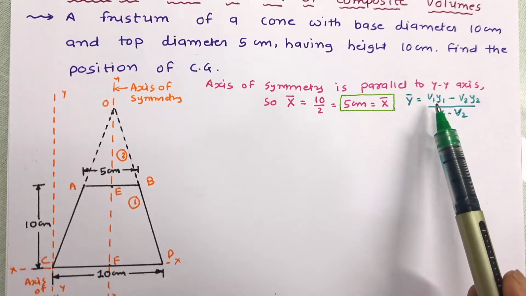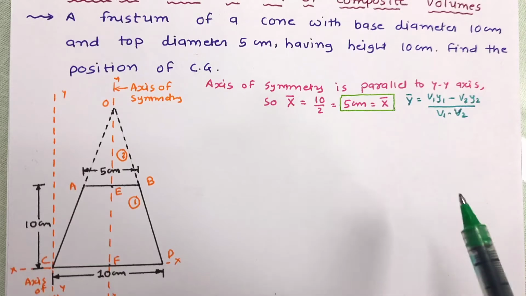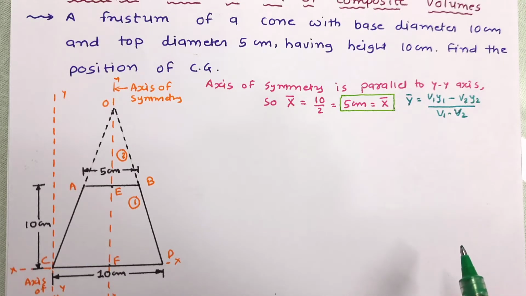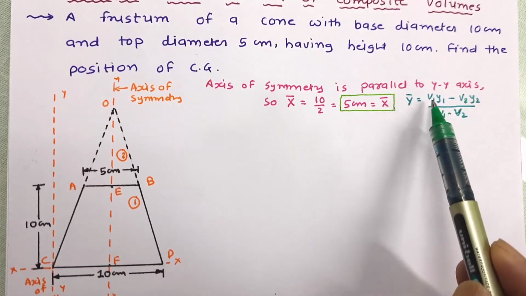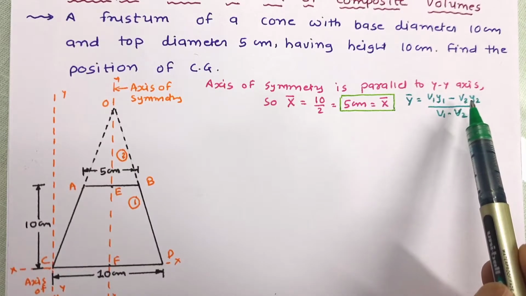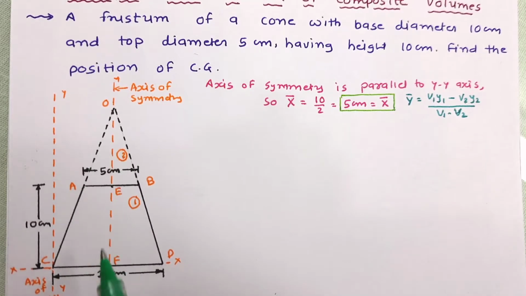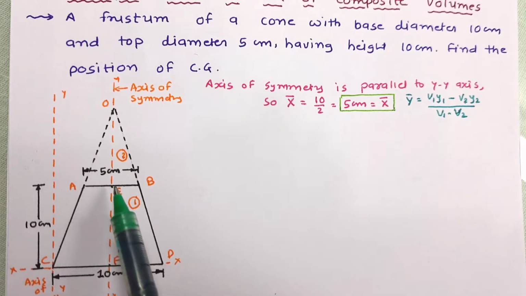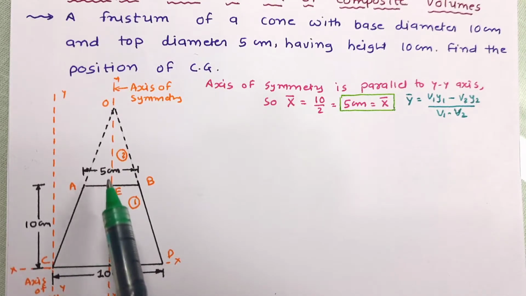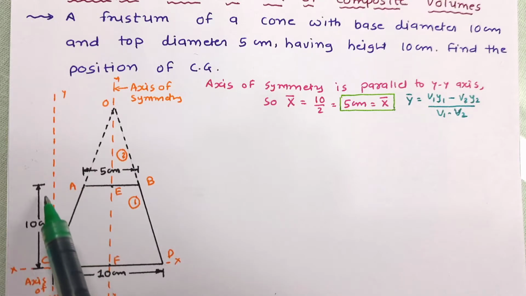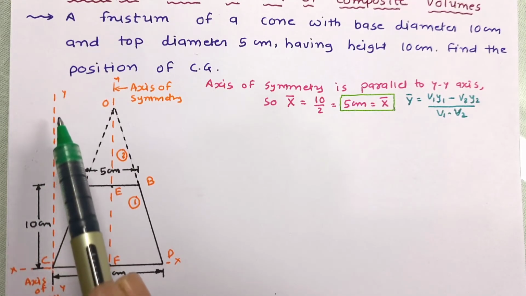We'll start with V1. V1 is the volume of the complete cone. In order to work out V1 and V2, we require the height of the complete cone and the height of the top cone. So we'll use the concept of similar triangles to work out the height of the top cone because it is not known to us. Here the dimension of the frustum of cone is given, but this dimension is not known.